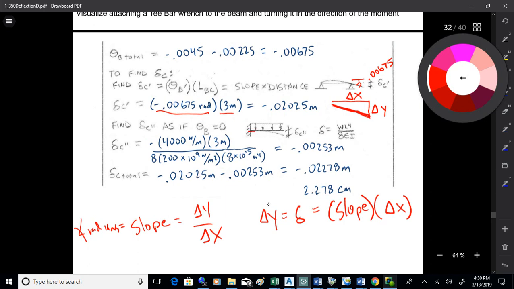And what that's going to do is bend it down and curve it. So I have to consider both effects: the slope times the offset distance, and the fact there's a load on that.